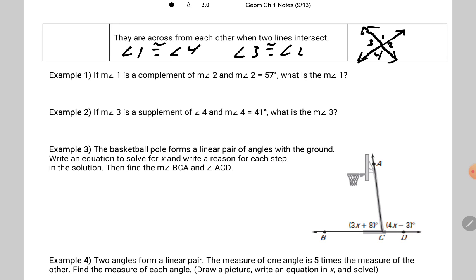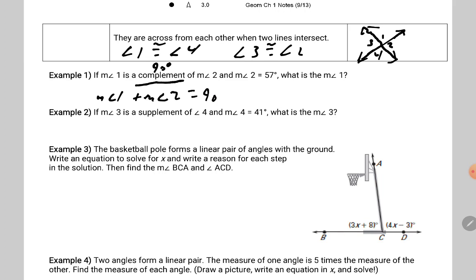So, let's do some examples. Measure of angle 1 is a complement of measure of angle 2. So if measure of angle 2 is 57 degrees, what is measure of angle 1? So complement means they add up to 90 degrees. So I'm going to take measure of angle 1 plus measure of angle 2 equals 90.